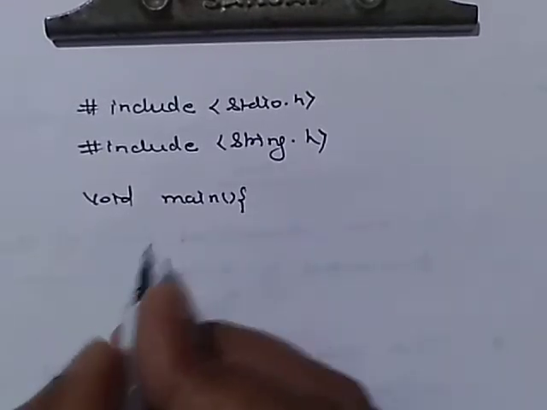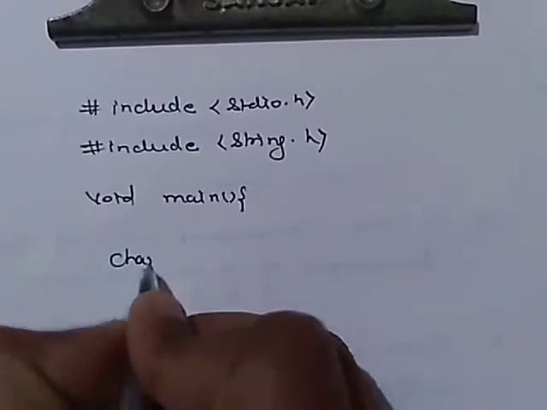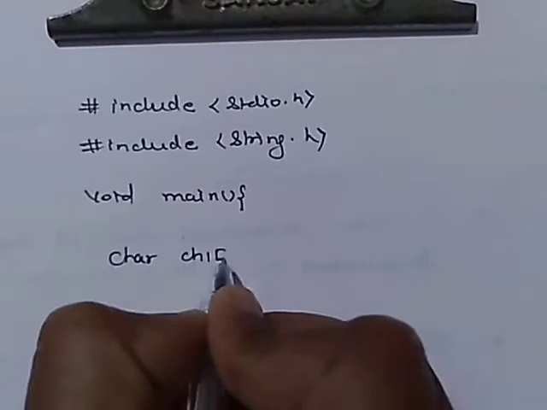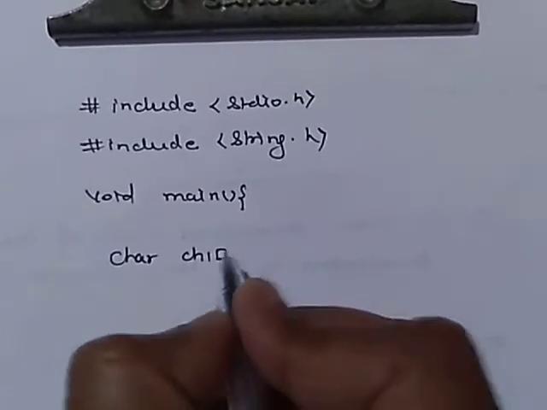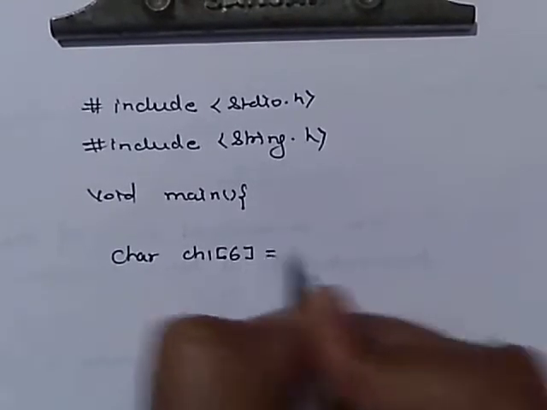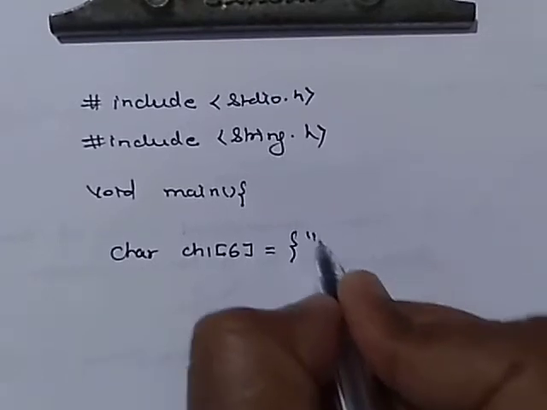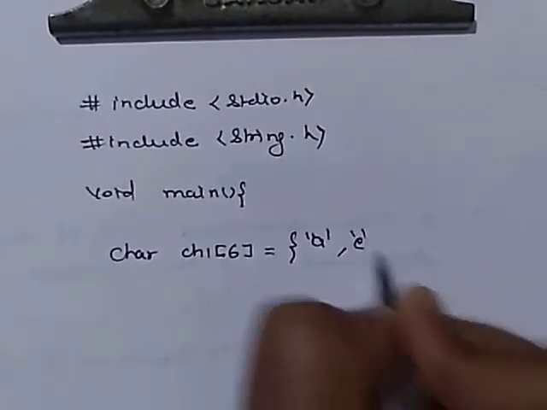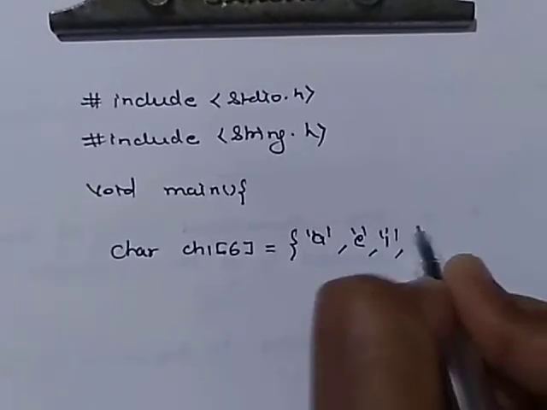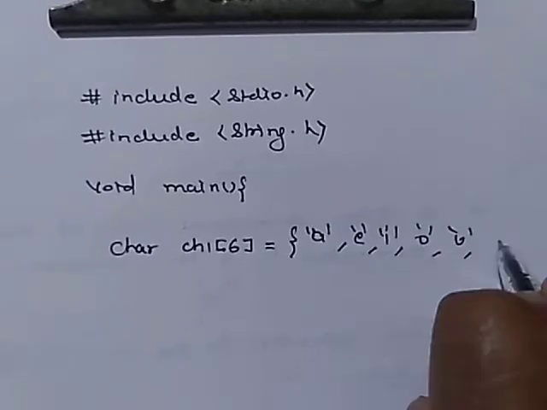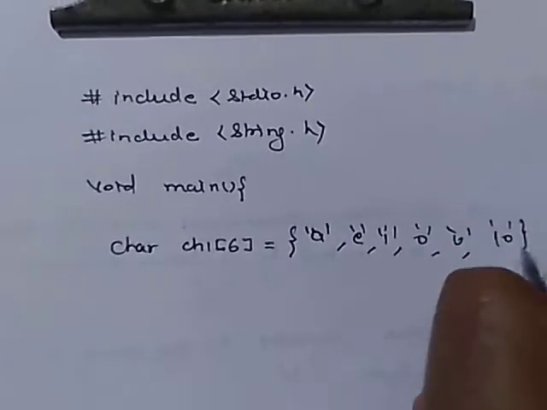Create a main function. We have created a character array of 6 letters A, E, I, O, U, and at the end there is a null character.